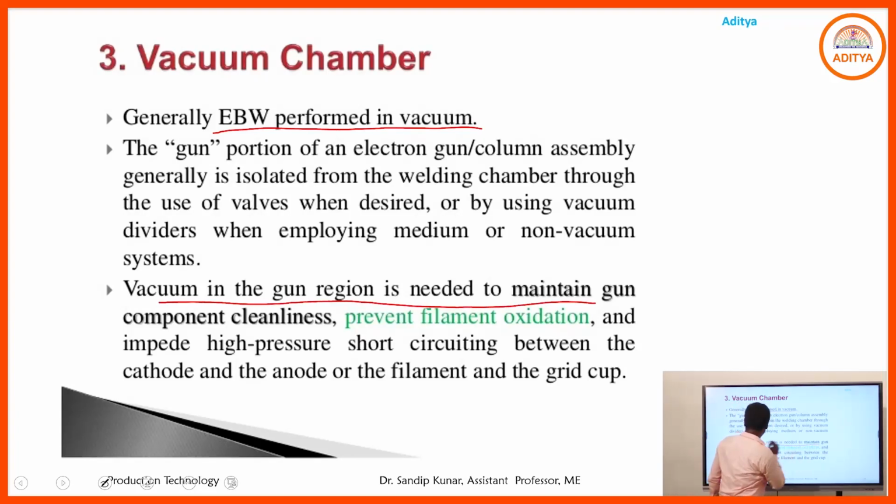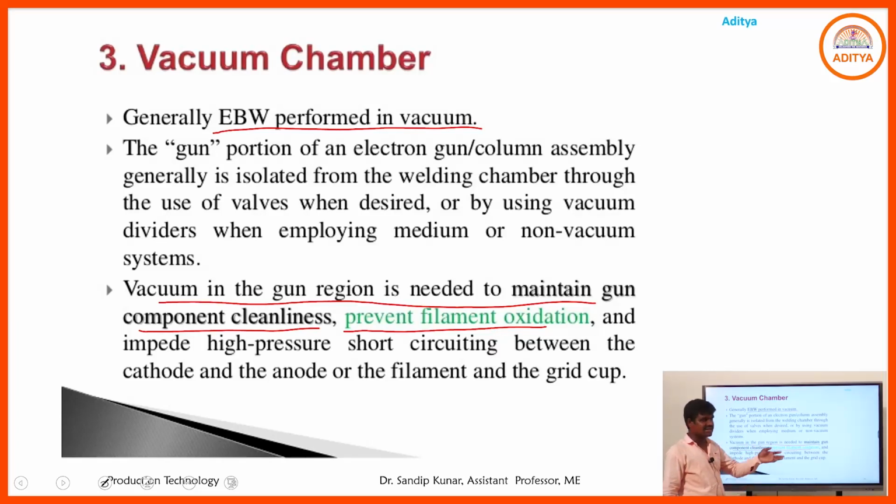The vacuum chamber is also needed to maintain gun component cleanliness and to prevent filament oxidation. Means if we remove the air particles from the vacuum chamber, it does not react with the filament.